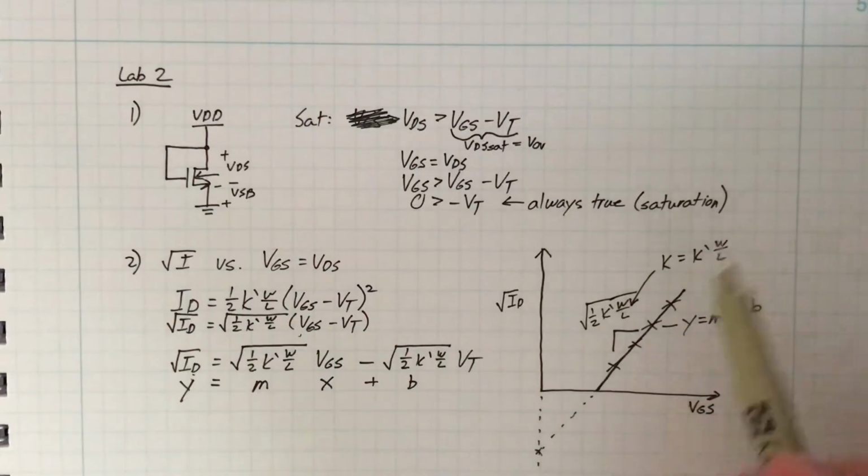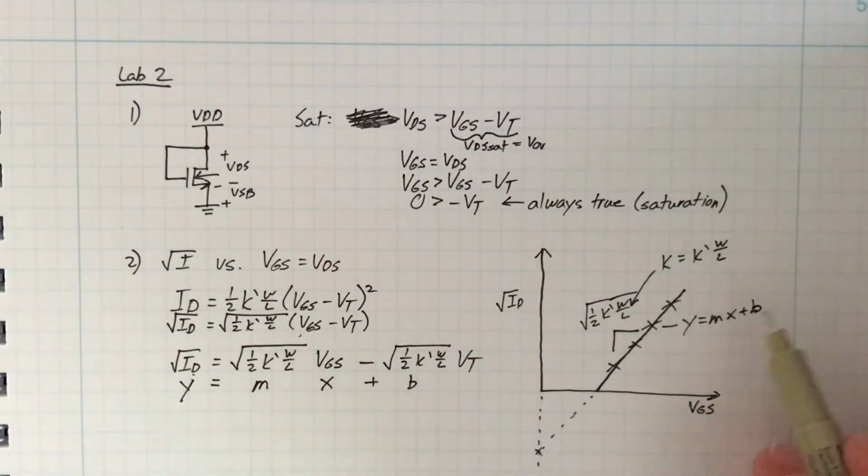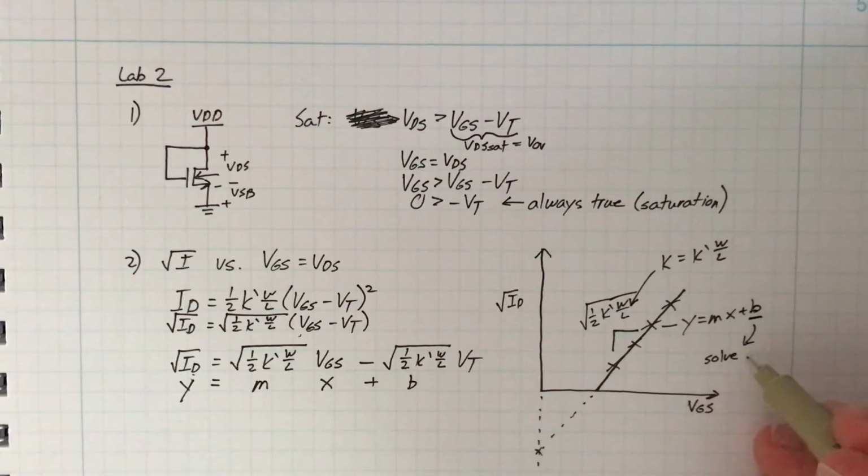And once you know what K prime, or K, is, you can use the B parameter, the y-intercept, and use that to solve for VT.